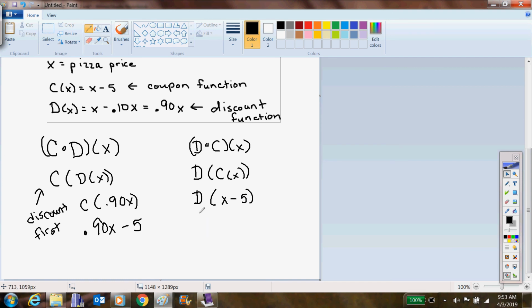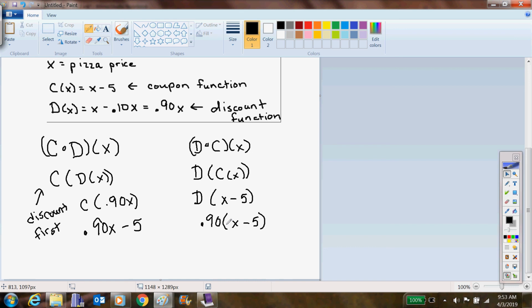And then you're taking, when you put this into C, or sorry, when you put this into D, the discount, we're taking 0.90 times x minus 5.